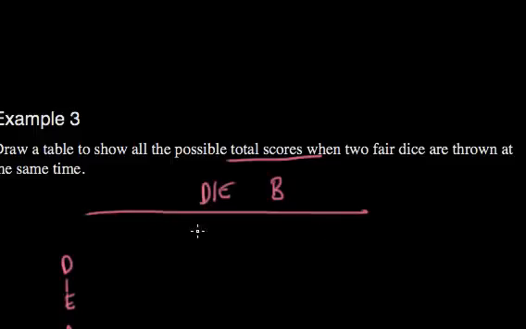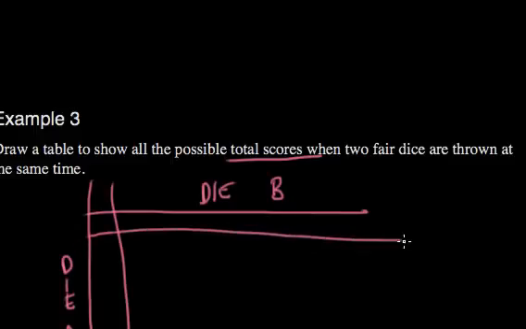Okay, the next example, we've got to draw a table to show the possible total scores when 2 fair dice are thrown at the same time. So we'd have die A and die B. And we can say on die B, 1, 2, 3, 4, 5, or 6.